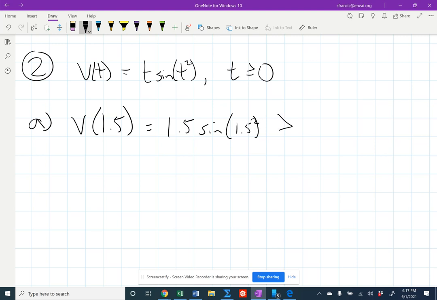Actually, this comes out to be a positive number. So since v is greater than 0 at t equals 1.5, the object is moving up.